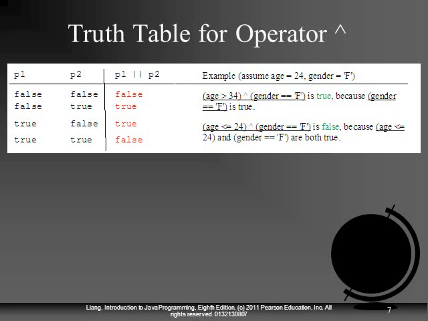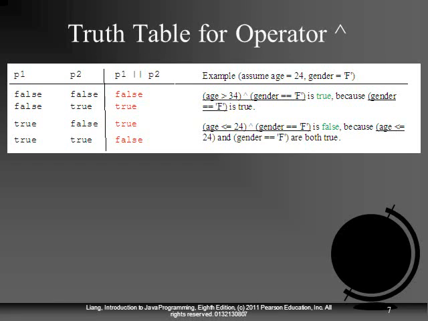So it's important to understand the AND and the OR and how they work together. The exclusive OR, denoted by the caret, which is Shift 6, is a special OR condition. It tests whether either proposition 1 or proposition 2 is true, but not both. So we've taken out the case where both are true and made that a false statement.